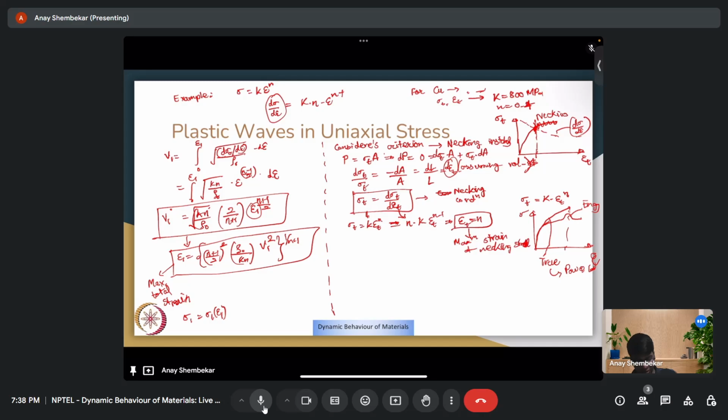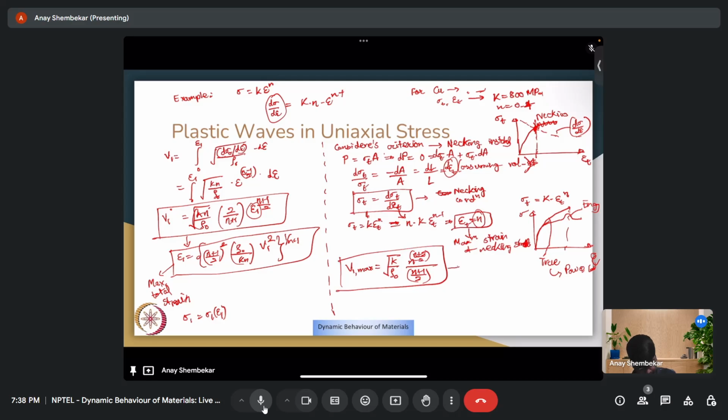If I put this maximum value of strain into my original equation, I get the maximum permissible velocity as root of k over rho naught times n to the power of (n plus 2) by 2, whole raised to (n plus 1) by 2.